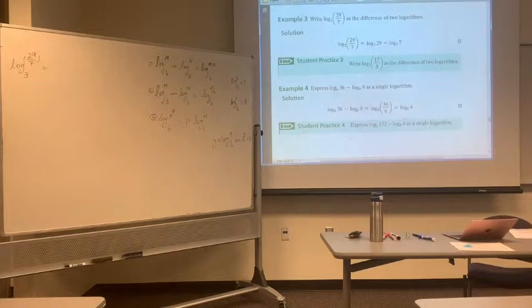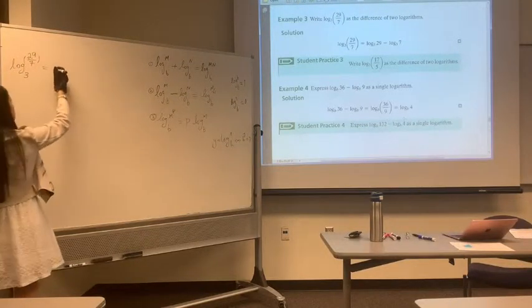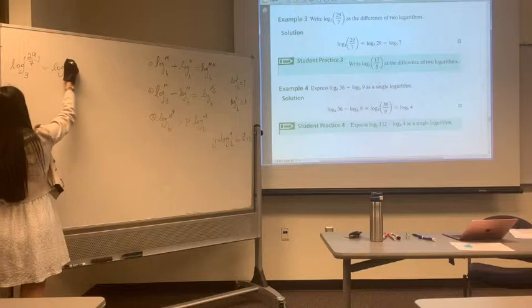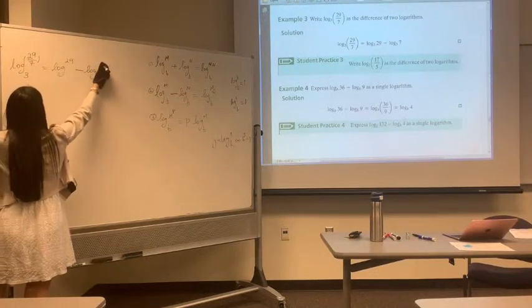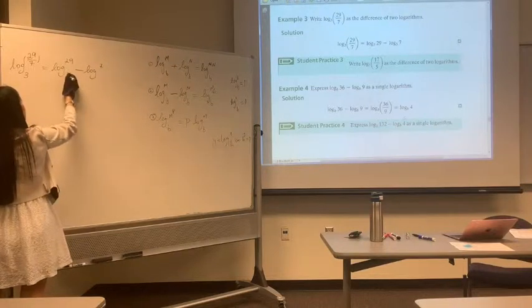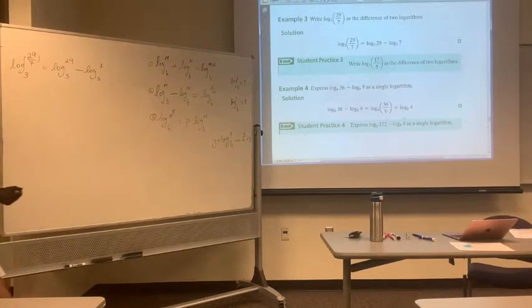The second one. As you see, that is m divided by n, right? So I will go from the right side to the left side. So I will write down log of m minus log of n. Base is the same for both of them.